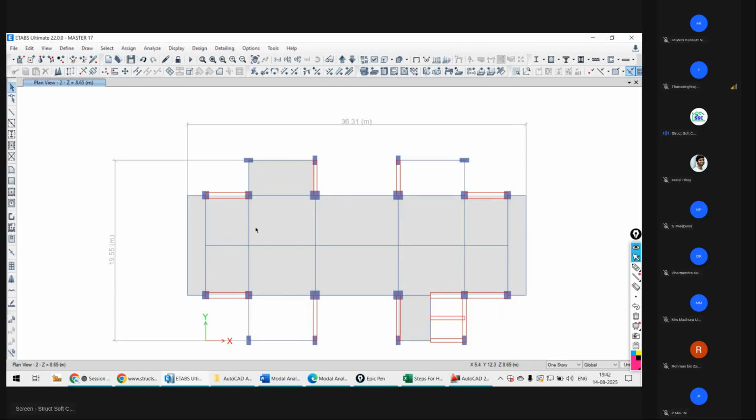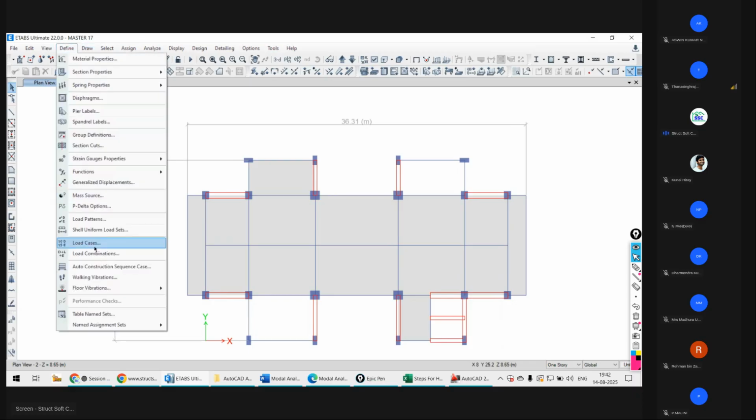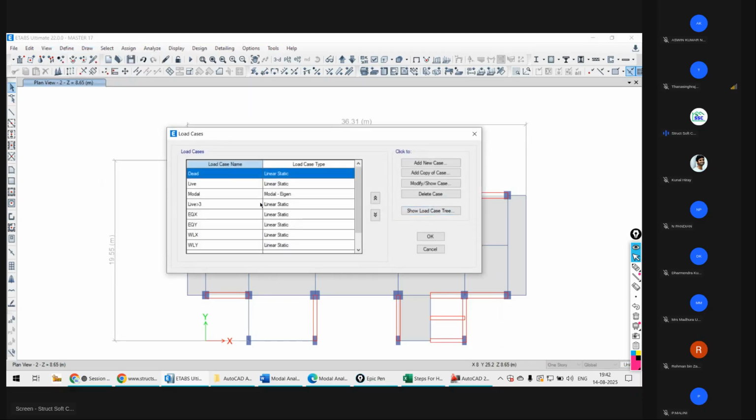One thing you might have noticed: when you go to Define and open Load Cases, one load case will automatically be available as Modal. Whenever you initiate any project in your ETABS software, ETABS by default gives this Modal load case, or Modal analysis as you can call it.